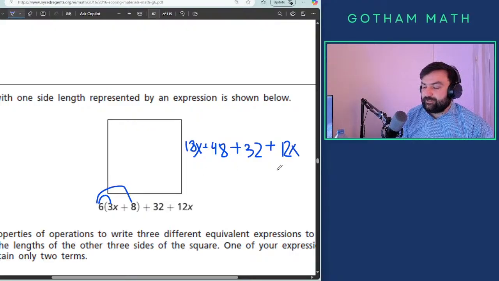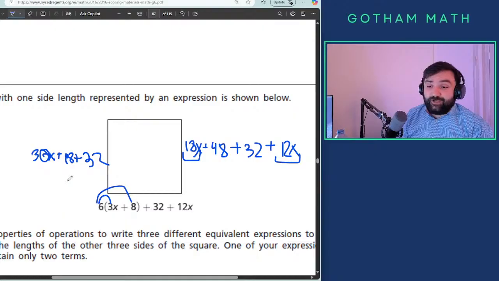Maybe we can combine just the x's: 18x and 12x, that's 30x. So 30x plus 48 plus 32. And then the final one would be when we combine everything and we get only 2 terms left: 30x plus 80, because 48 plus 32 is 80.